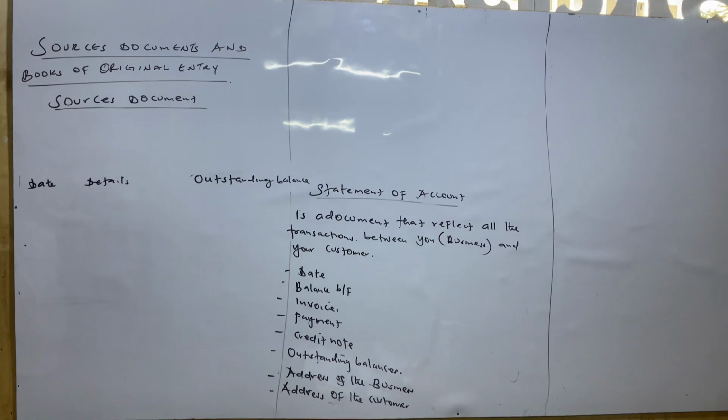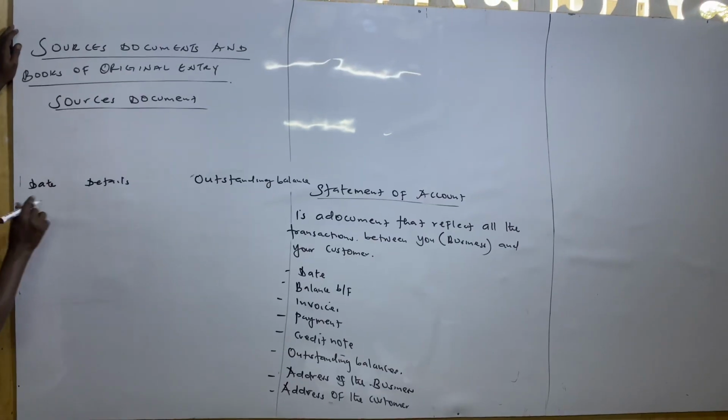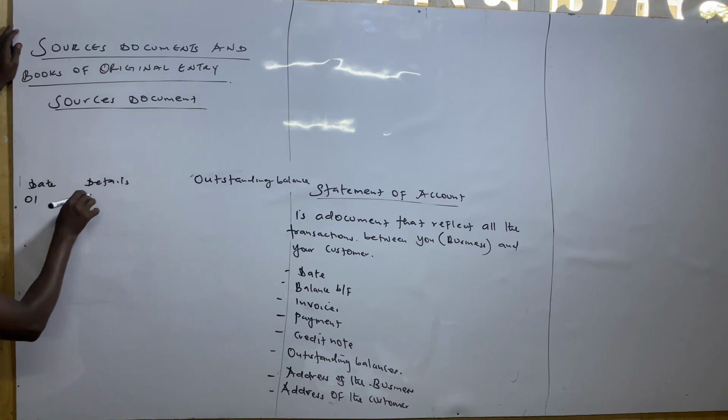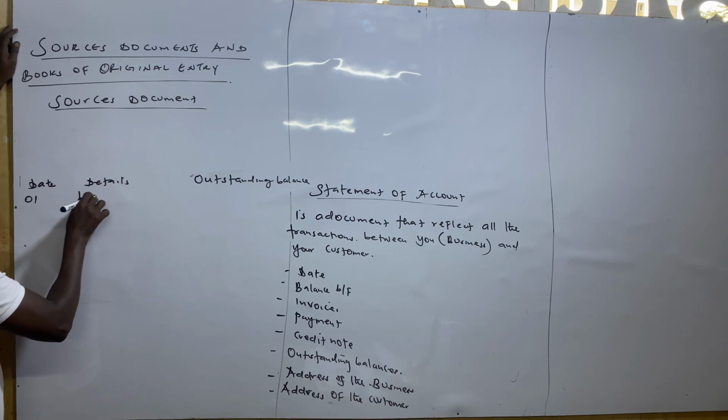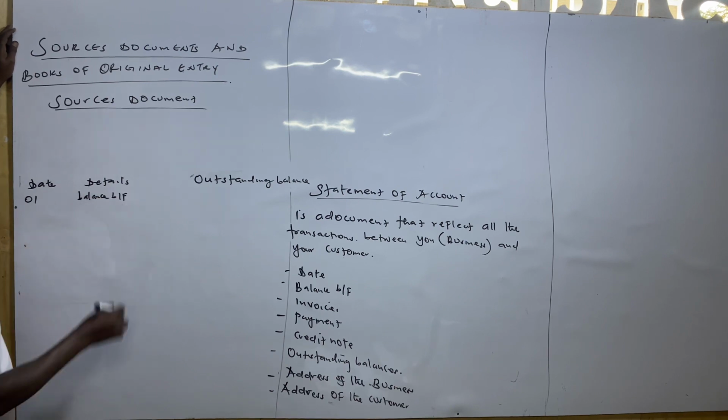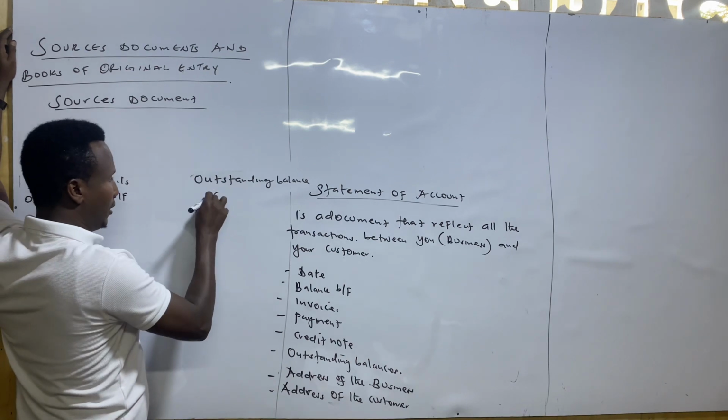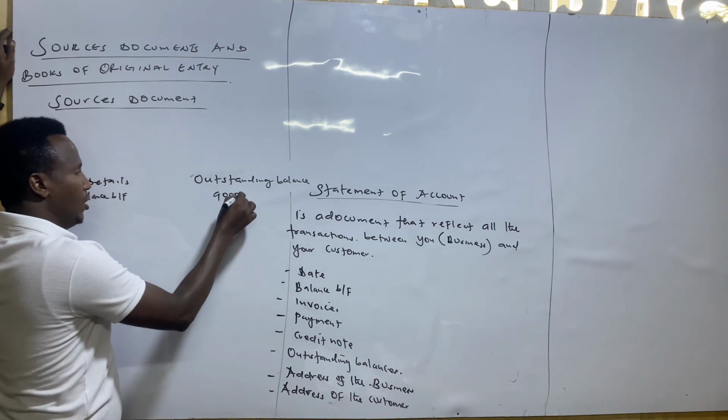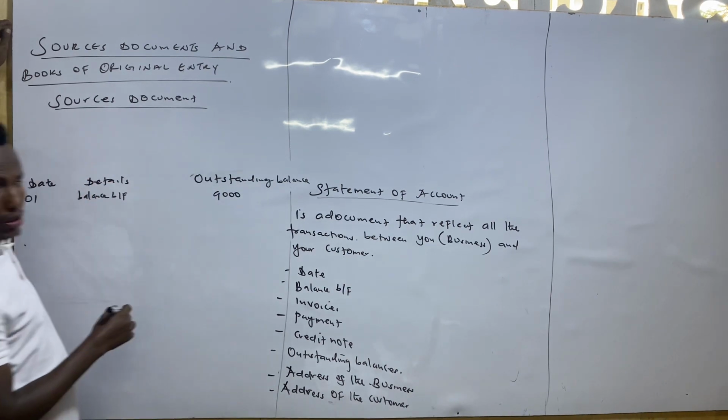Now look here, let us say the first one we have is the balance brought forward. On day one, under this we have the balance brought forward from last month, which is, let's say, 9,000.